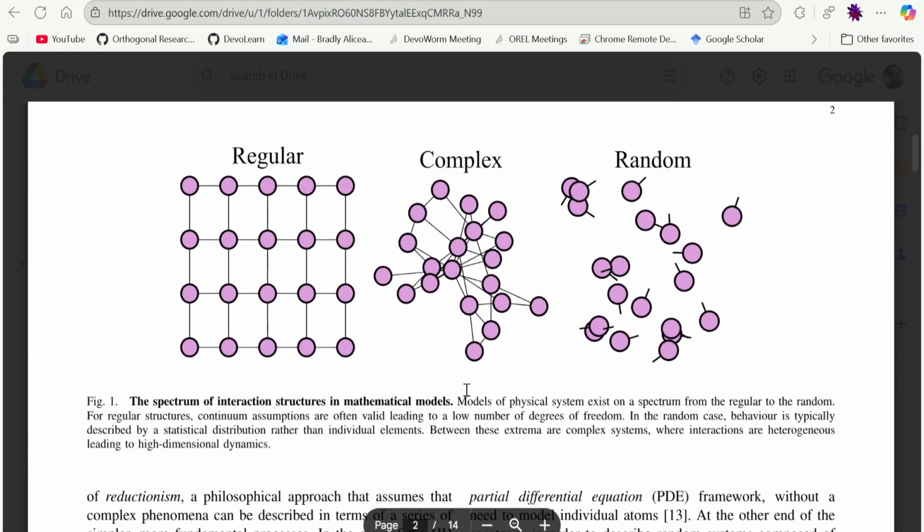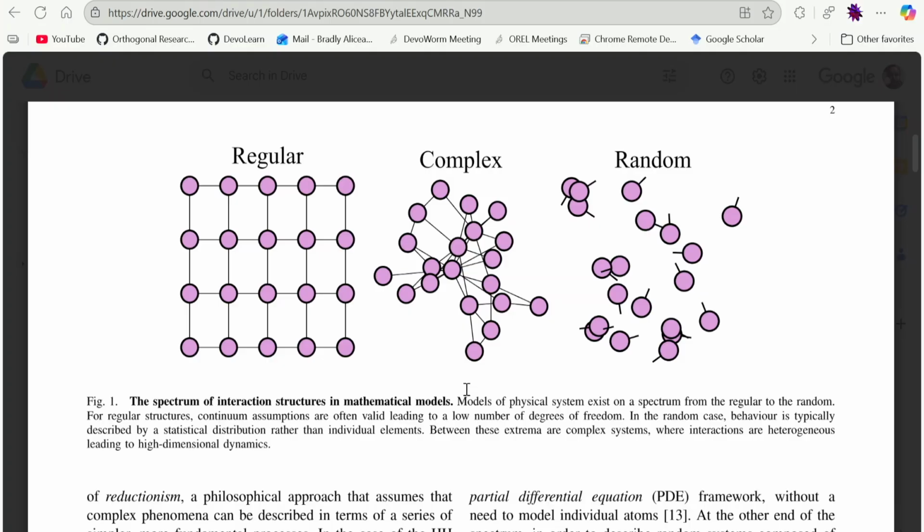So this is the spectrum of interaction models and mathematical models. Basically what they're trying to get at here is that you have this regular regime at the left, this random regime on the right, and this complex regime in the middle. So the regular regime is defined by this lattice. Everything is homogeneous. If I take one element, it can describe any other element.